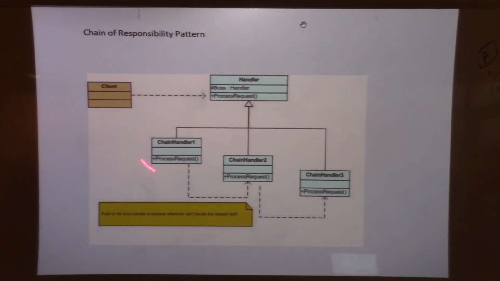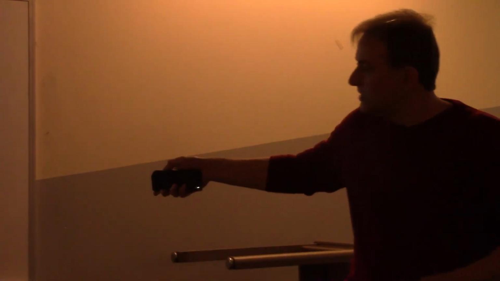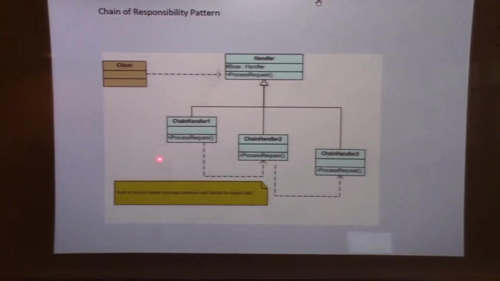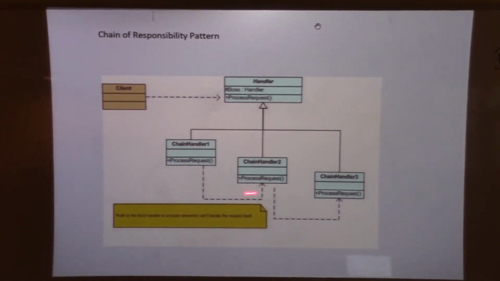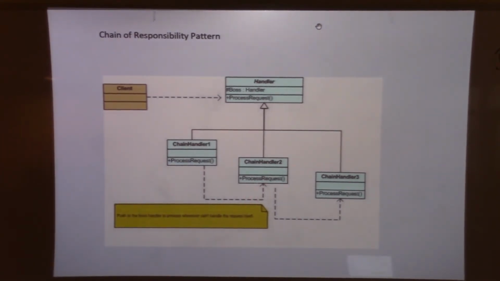Sometimes these handlers will go into a cycle. Maybe they're too busy, too busy, too busy, not too busy, handle it. Sometimes these handlers have equal abilities to handle all the requests. In some cases, one may only handle low-level requests, another middle-level requests, and another high-level requests. If a high-level request comes in, the first may pass it on, and if it's still not high-level enough, it may have to pass it on again until it gets handled.